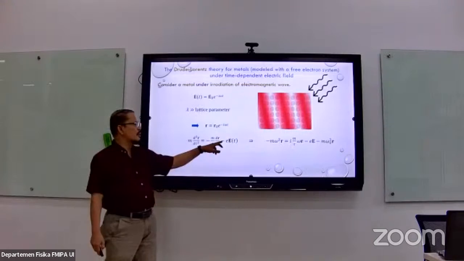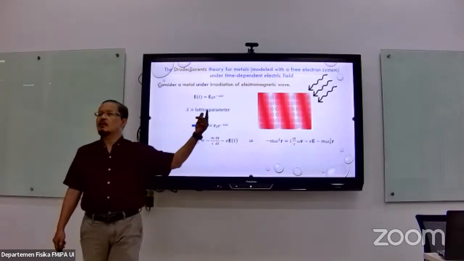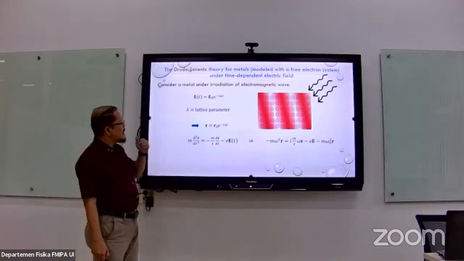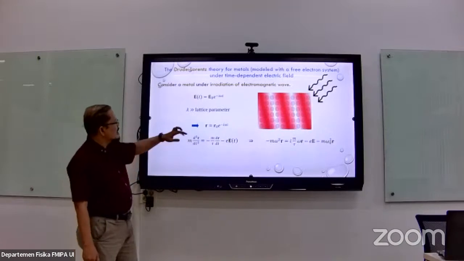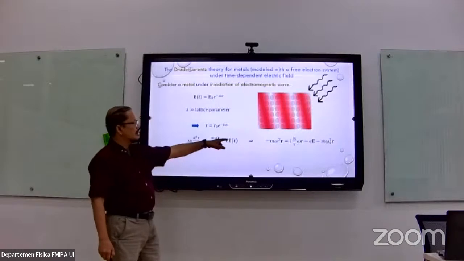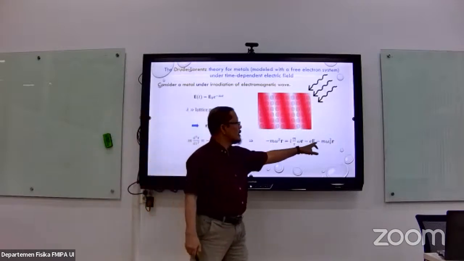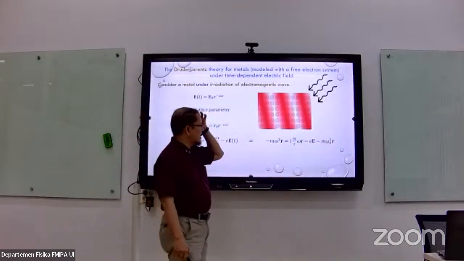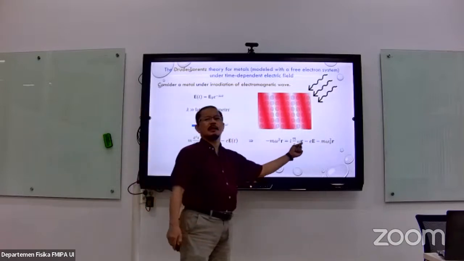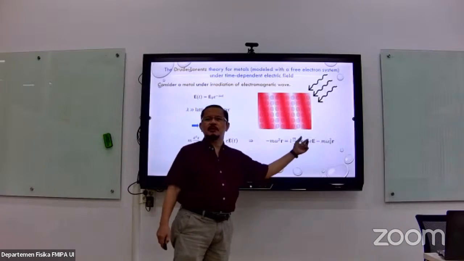And this also has a minus sign because the electron charge is negative, right? So we simply substitute these two time dependences into this equation, and that results in this relation without t dependence anymore. But now we have omega appearing in our equation.